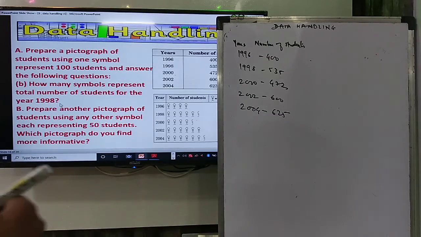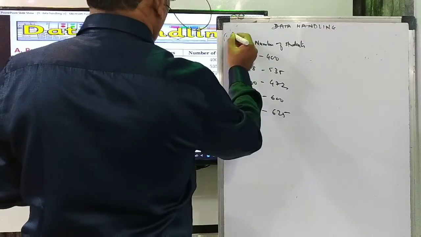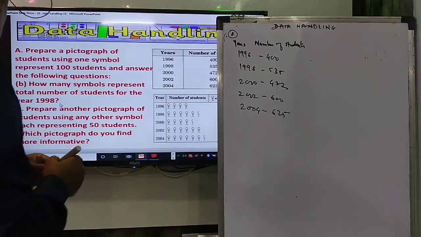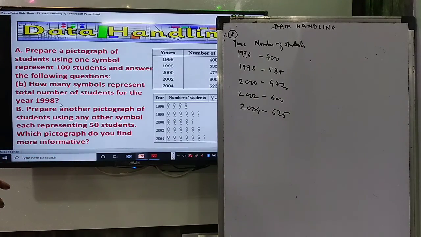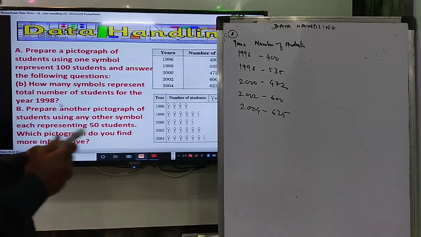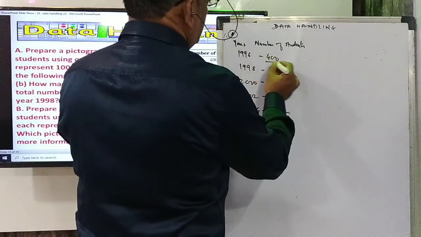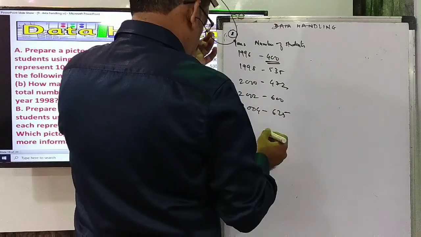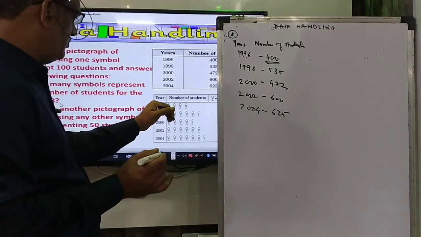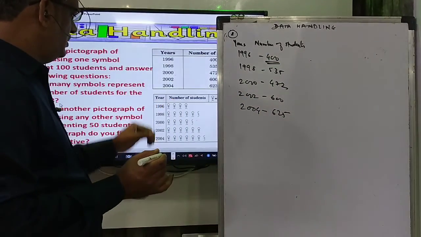Now let us see the second problem of this exercise. What is given? Prepare a pictograph of students using one symbol to represent 100 students, and answer the questions. This year consists of 400 students, so one symbol represents 100 students, so this is 1, 2, 3 and 4.